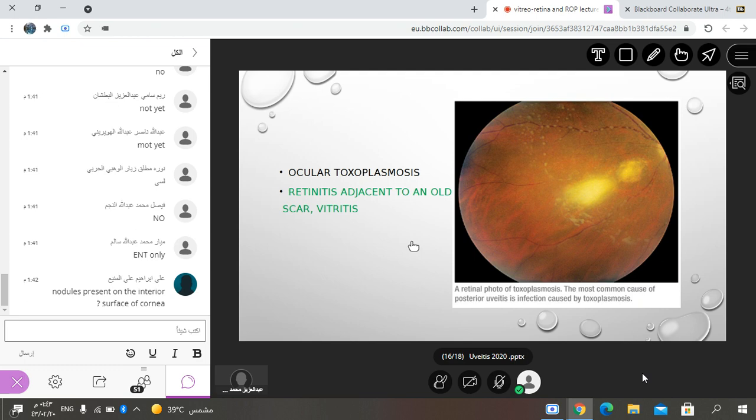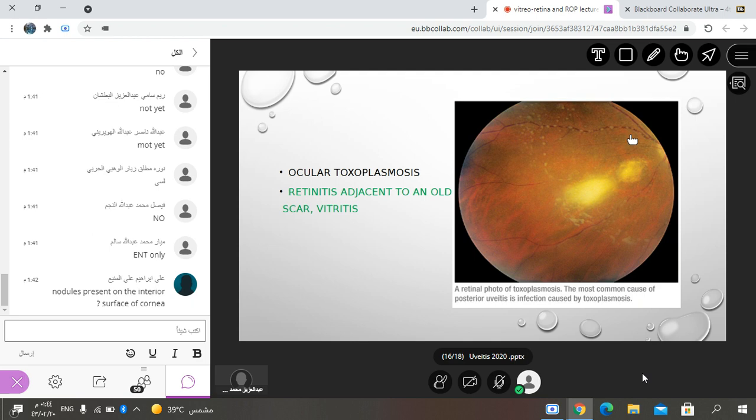Toxoplasmosis in general in the body is a dilemma to diagnose. It's difficult to diagnose actually. But in ophthalmology, it's very easy because we have a scar. Adjacent to the scar is inflammation and a yellowish infiltrate, and there is what's called vitreous precipitates.